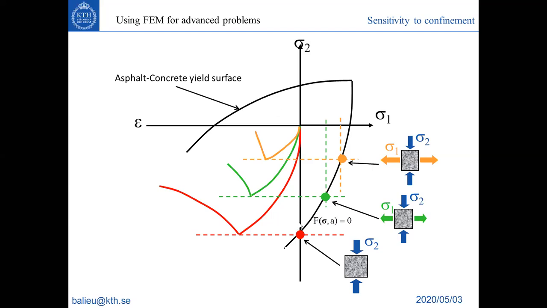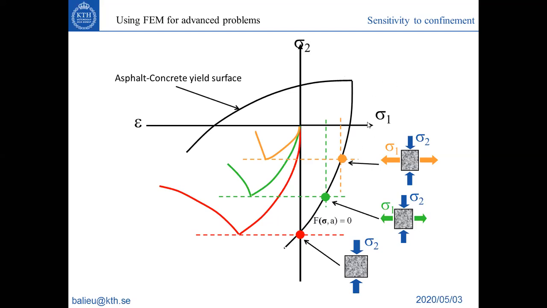As you can see here, you have different yield stress depending on the stress state. Here, at the point where sigma 2 is equal to sigma 1, you have the case of biaxial tension, when you have the same tension in both directions.